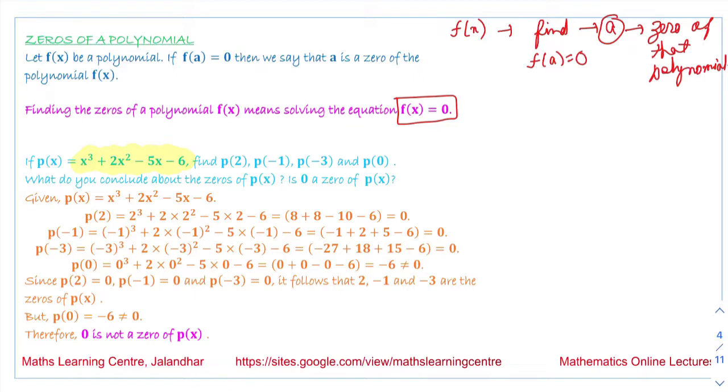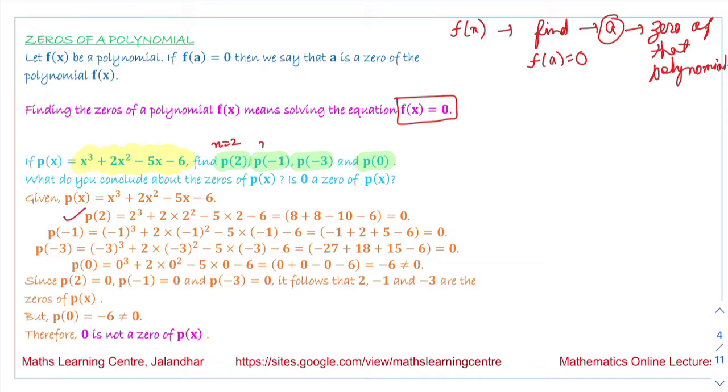We have to calculate p(2), p(-1), p(-3) and p(0). Calculating p(2) means we substitute x is equal to 2 in this expression.